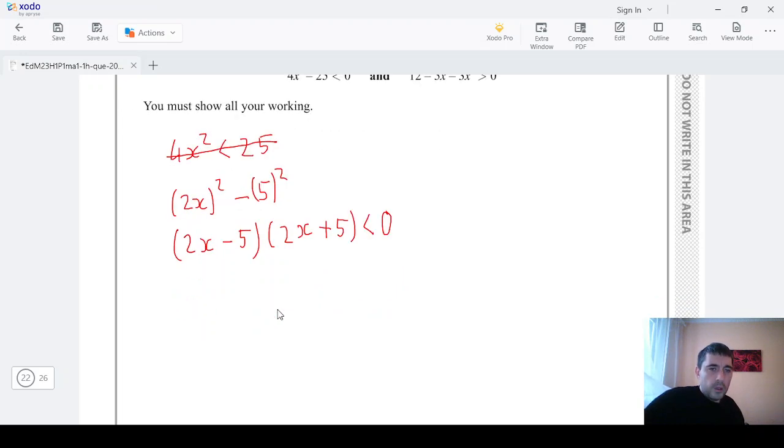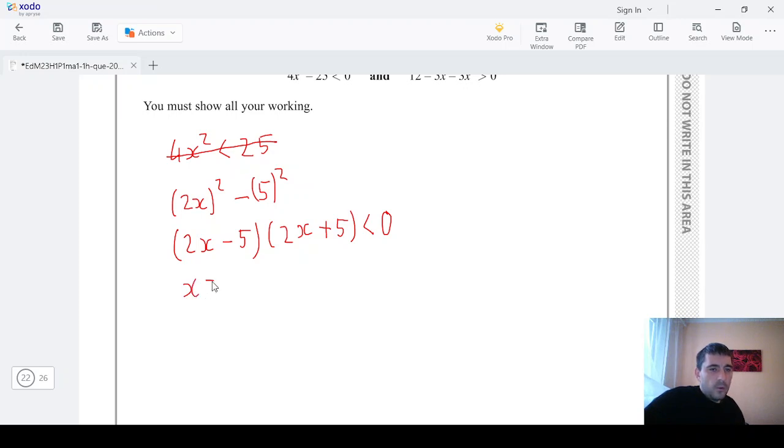What we can notice is what happens to the left side: it will only be negative when we've got different signs. So either the first term is positive and the second negative, or the first is negative and the second positive. So I need to first work out the critical values of x.